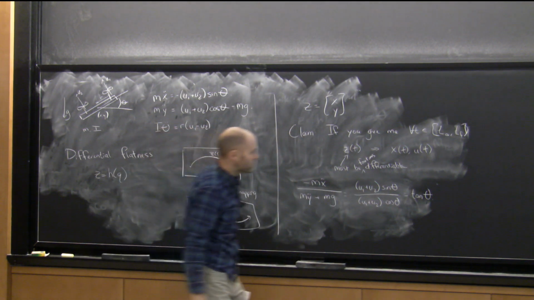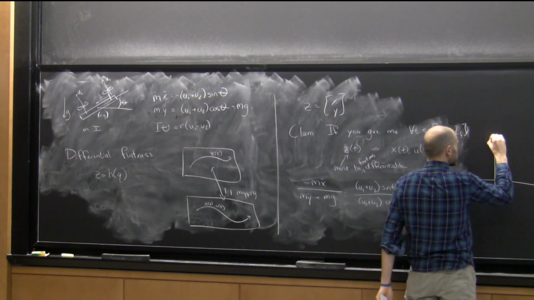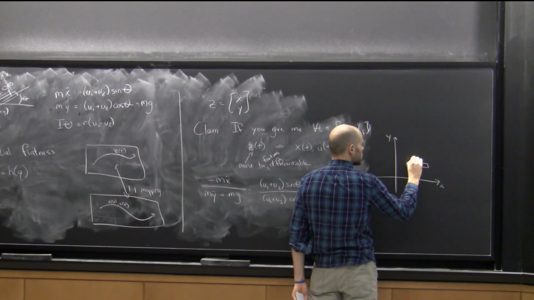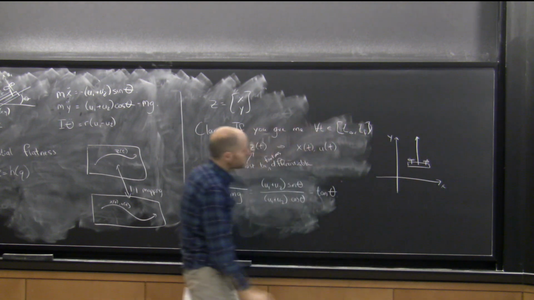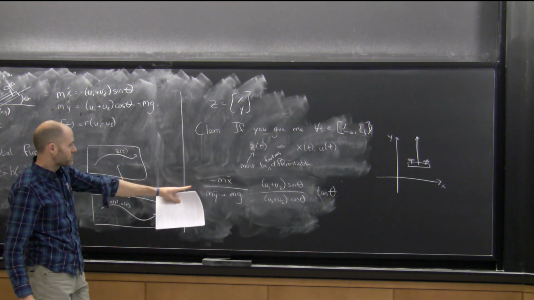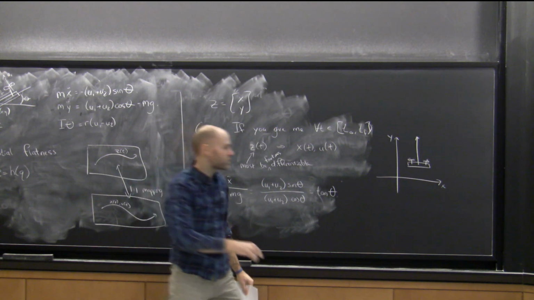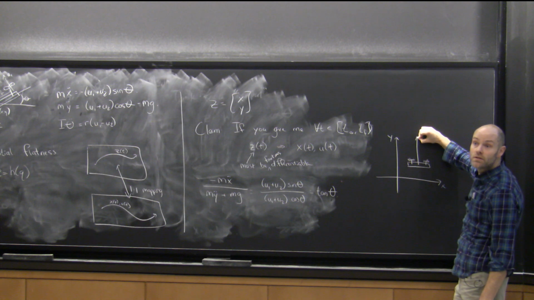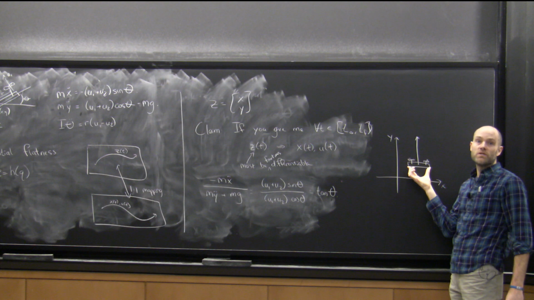Just as a smell check: if I say go straight up, then that would be x double dot equals 0, so tangent theta equals 0. It's saying theta has got to be horizontal. If you only told me I'm going to go straight up at a constant acceleration, that would come back with a solution saying theta should be 0.